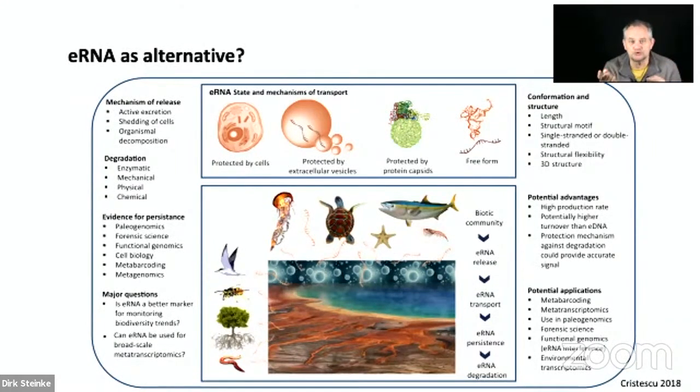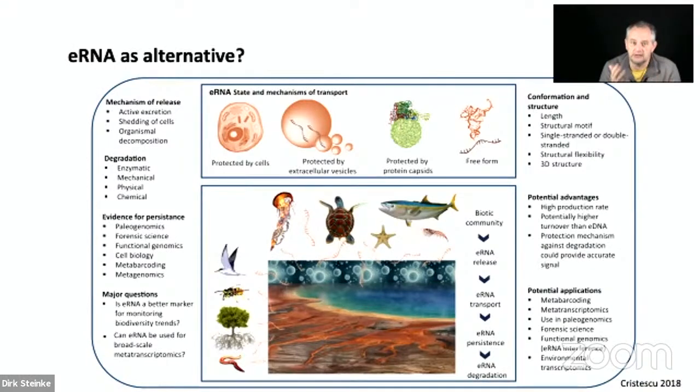The same goes, and probably to a larger extent, for ribosomal RNA, because there's lots of it. We produce a lot of it. We produce messenger RNA, the rRNA in all our translational, transcriptional processes. It's all involved. So you have a higher likelihood of obtaining some information, which is critical in an environmental context when things are free floating and the concentration is low to begin with. There is probably a higher turnover than with eDNA.